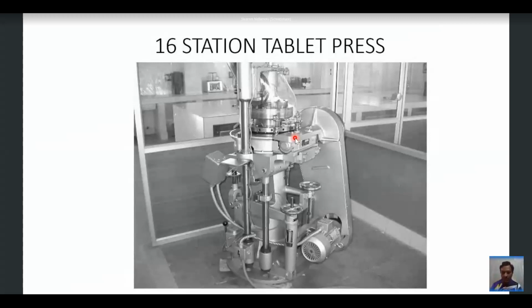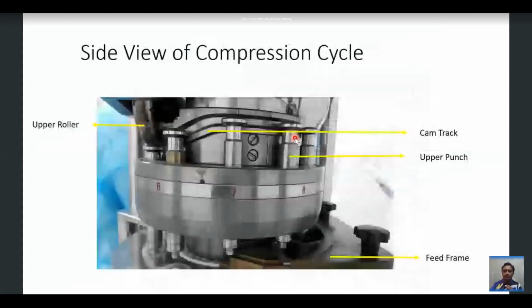Now, let us see the various parts of the tablet machine. In this picture, this is the side view of the compression cycle. You can see the upper punches. These are all the upper punches. And here the numbers are found, 6, 7, and 8. These numbers represent the punch station.